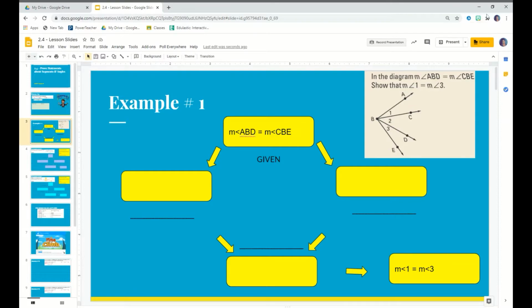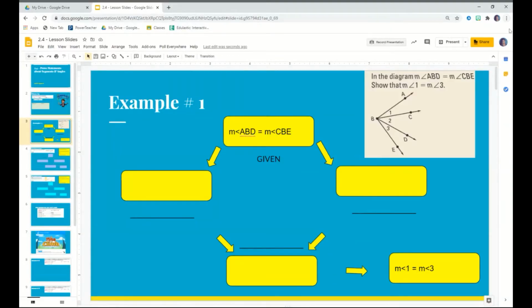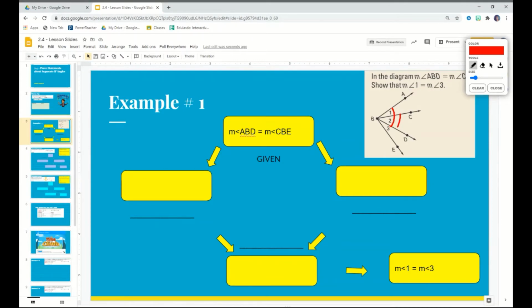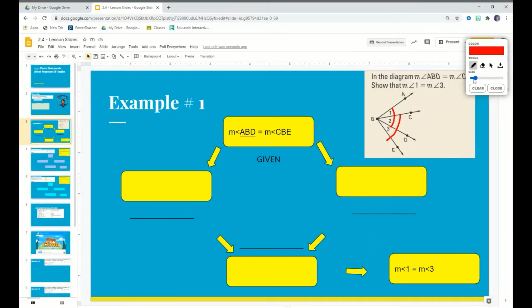Now, let me go back and actually all right, so these are the two angles that are congruent, ABD and CBE. So that is given to you.